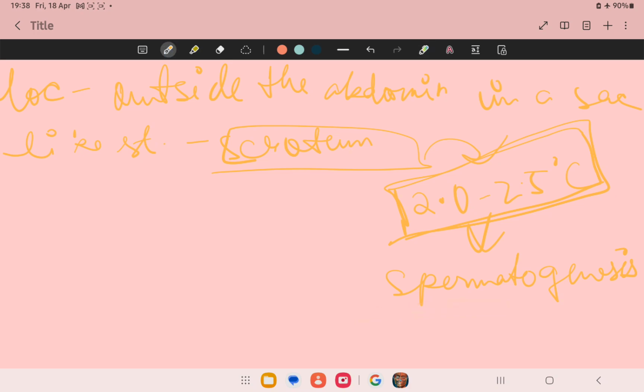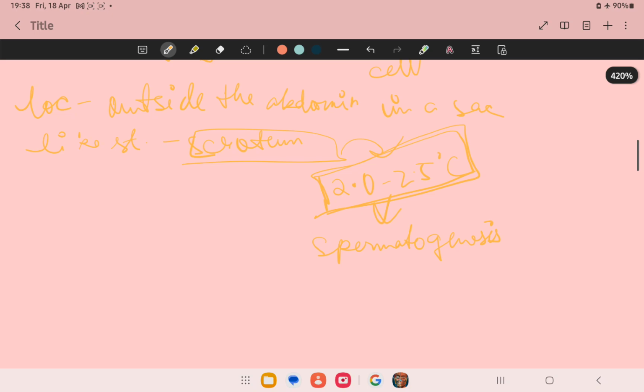Now, testes का shape and size. Okay, testes is an oval shape structure, कुछ इस तरह का, not a circle but an oval shape.